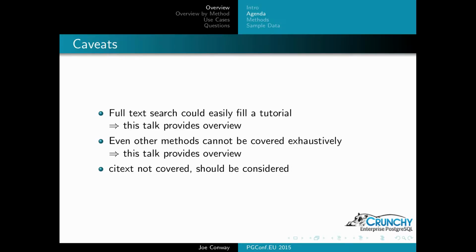The standard methods don't work well with that, but there is an extension to Postgres called CI text that ships with it. The CI in CI text stands for case-insensitive. So that data type, by its very nature, is case-insensitive. So that's actually another way you can facilitate case-insensitive searches, but I don't really cover that in this talk.